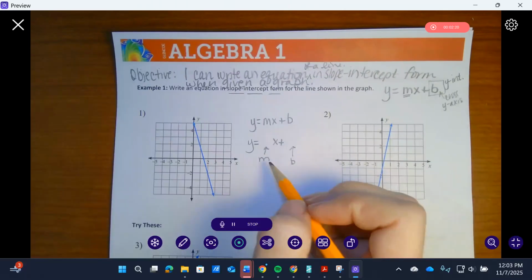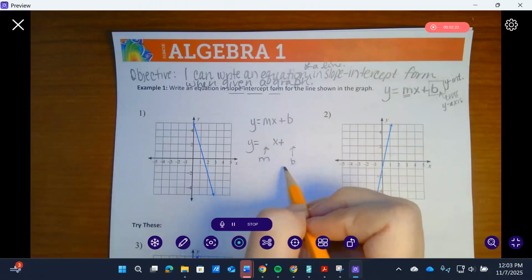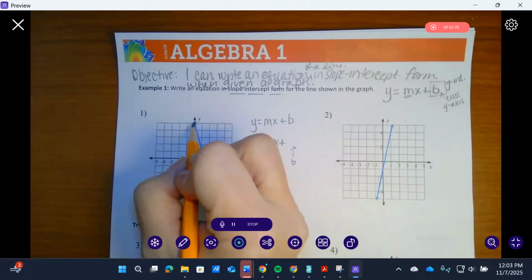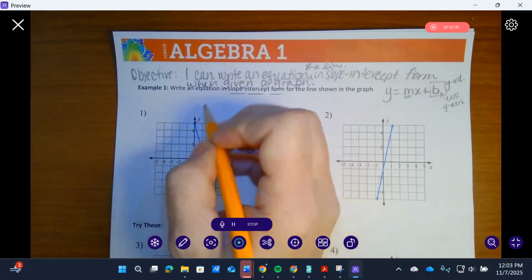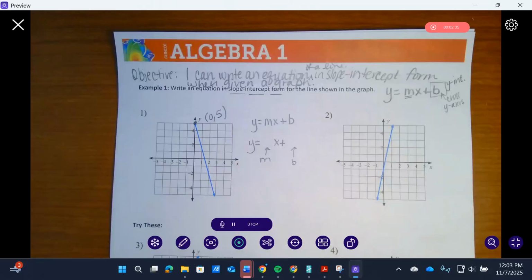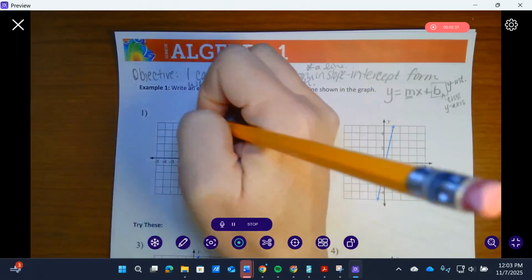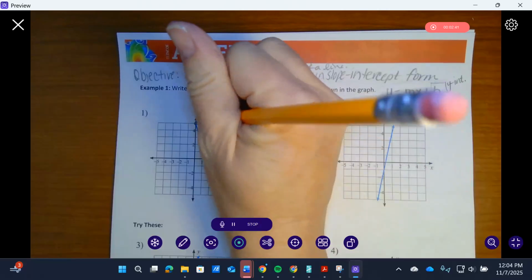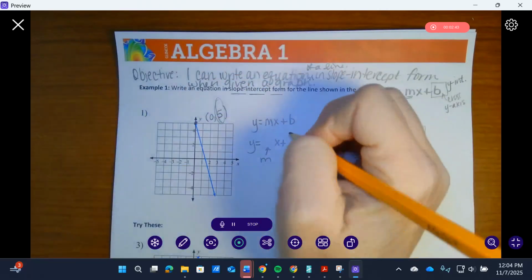Let me start with the y-intercept, where I cross the y-axis. Over here in this case, I'm just going to put a dot right down there. My y-intercept is (0, 5). Where I cross my y-axis, I haven't gone anywhere left or right. I've just gone straight up 5. So that's my b value here.